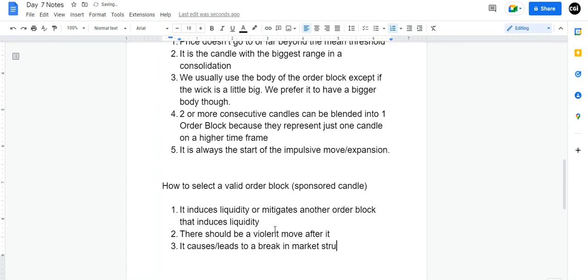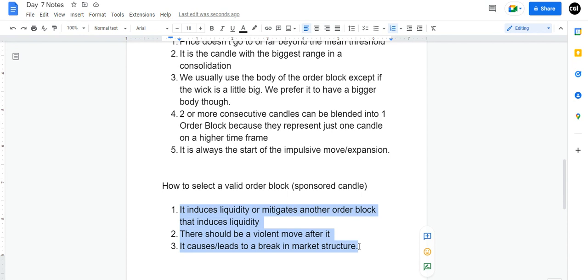These are the three rules of a good, valid order block, or what we call a sponsored candle.